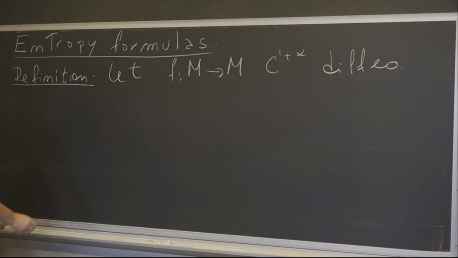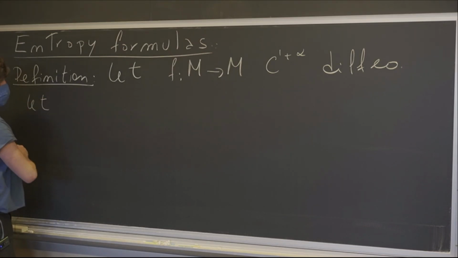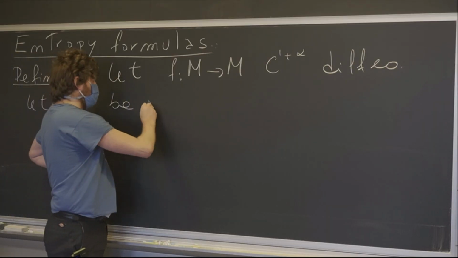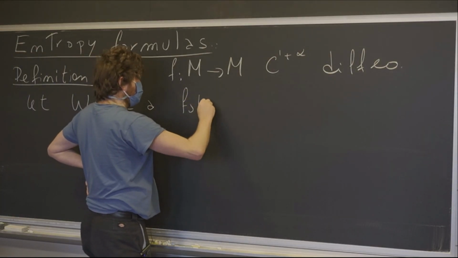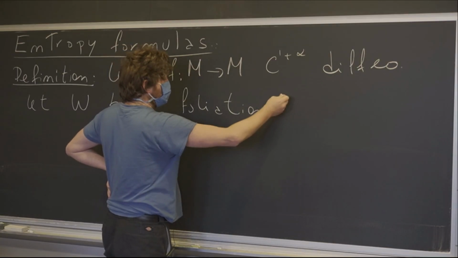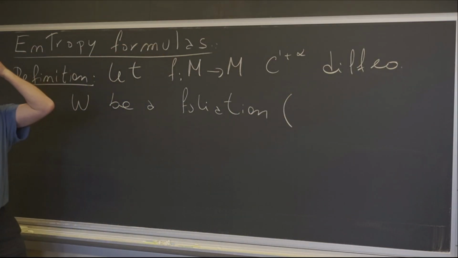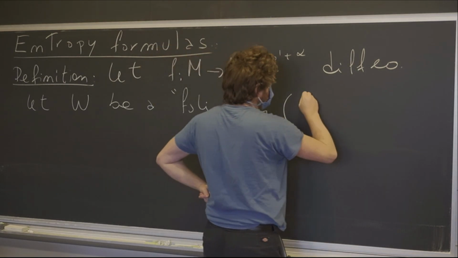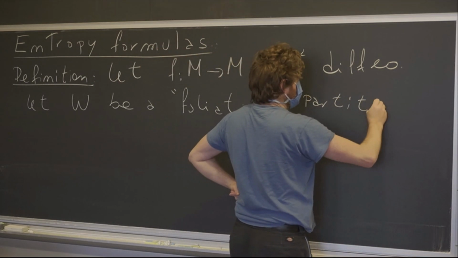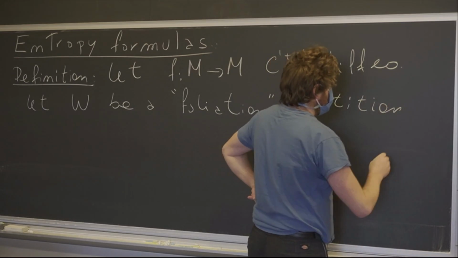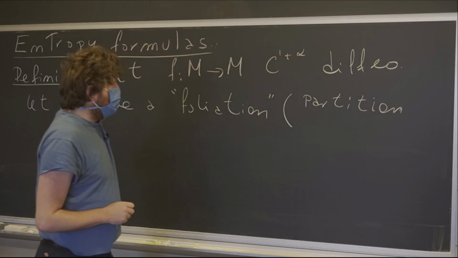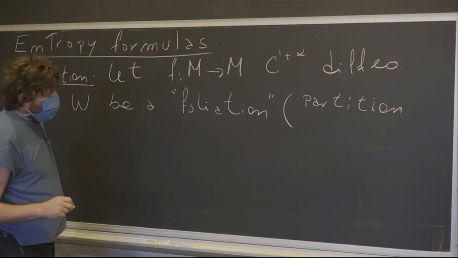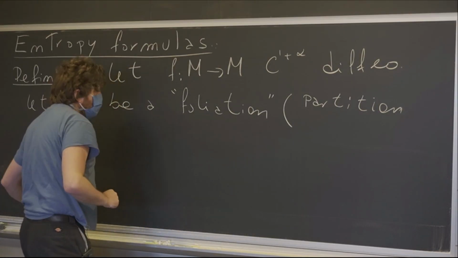Now we let W be a foliation. So, and here by foliation, what we really mean is a partition of M. Maybe let me be more specific.